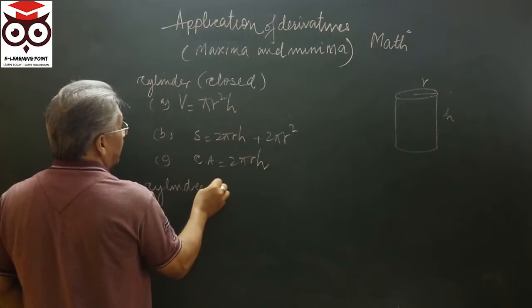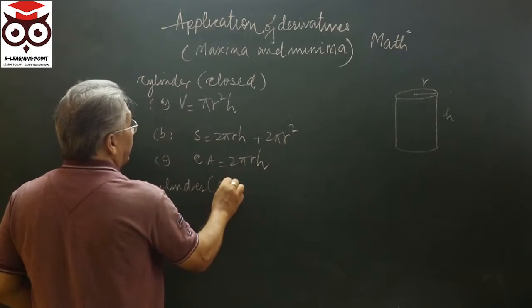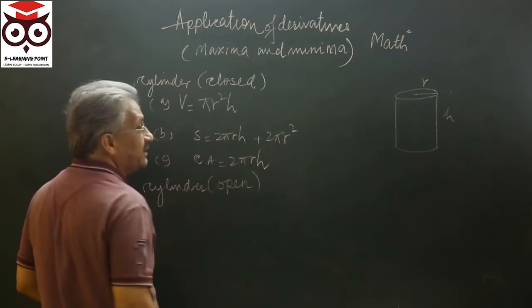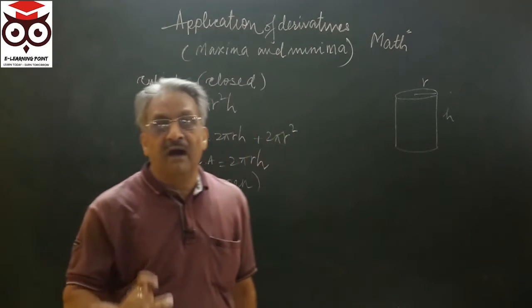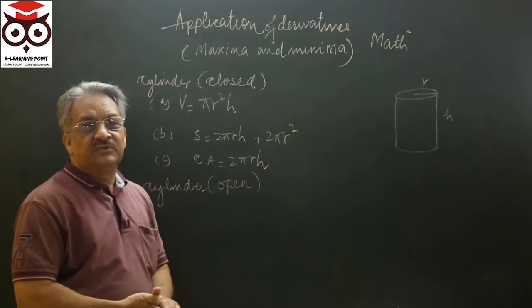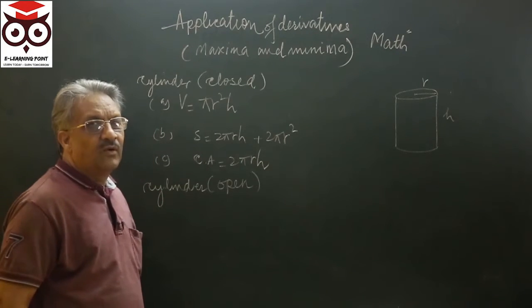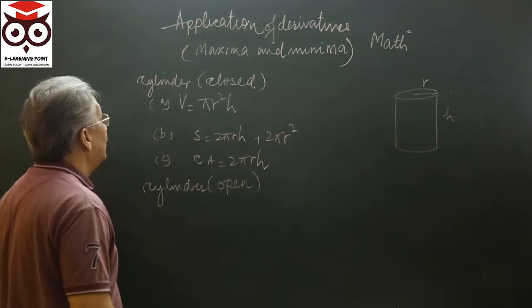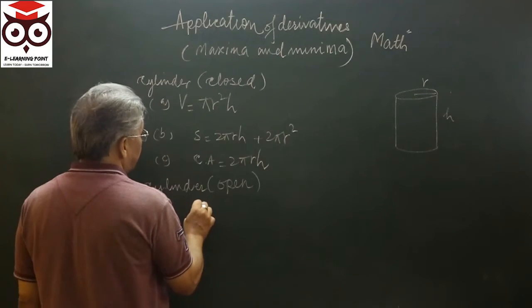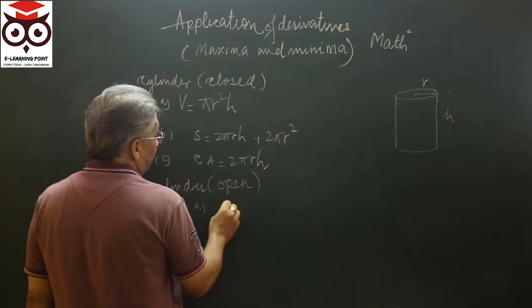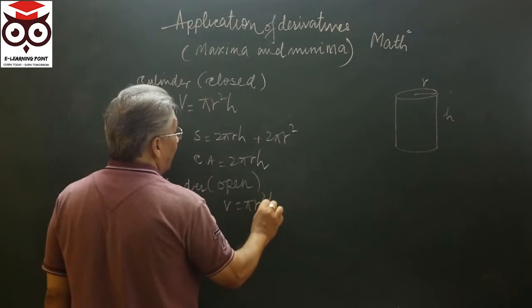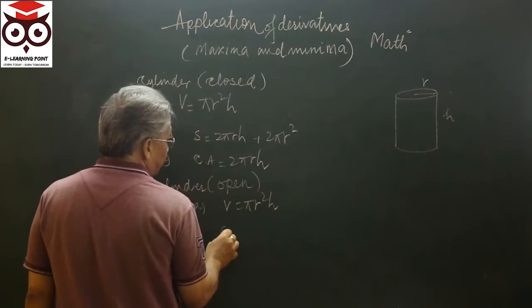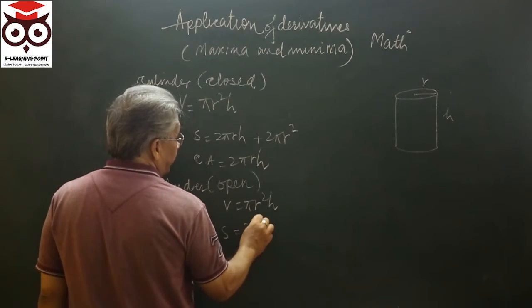And this is another cylinder, open end. Open end means one end is open, like a glass. तो ग्लास में जो ऊपर वाला एरिया होता है वो खाली होता है. This is called open. So in this case the volume is the same. Volume is not different, but the surface area will be different.